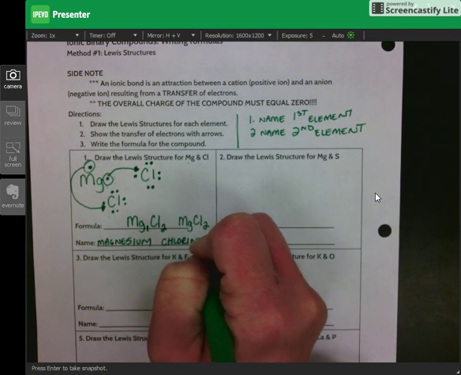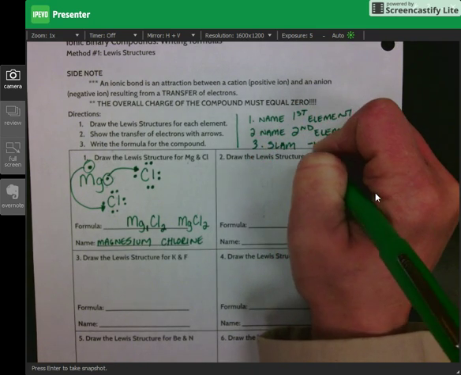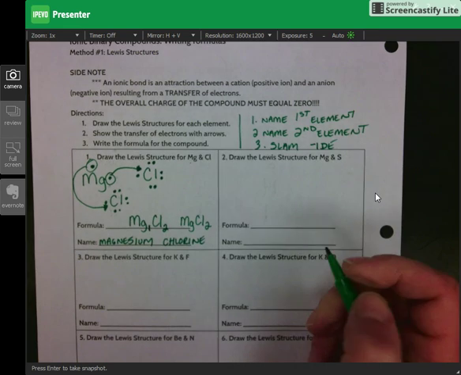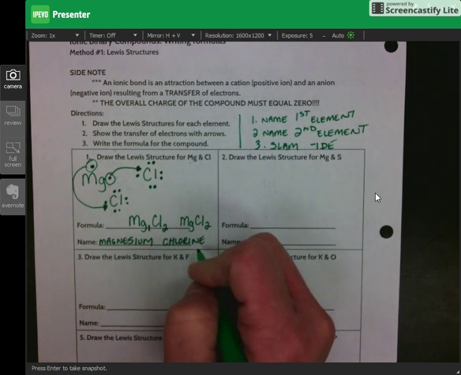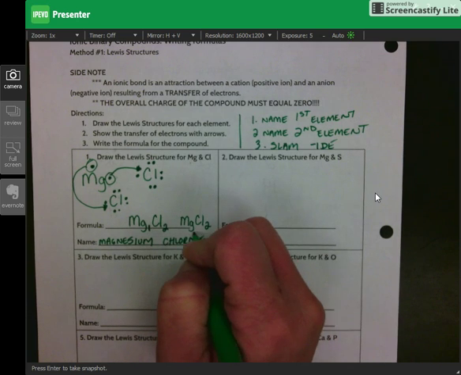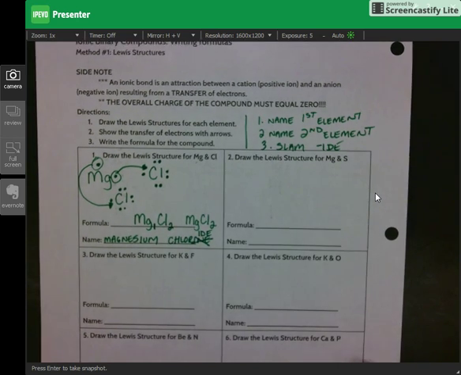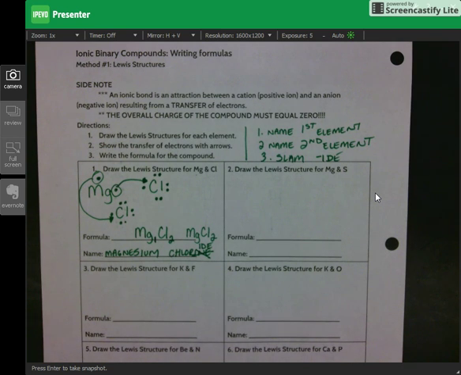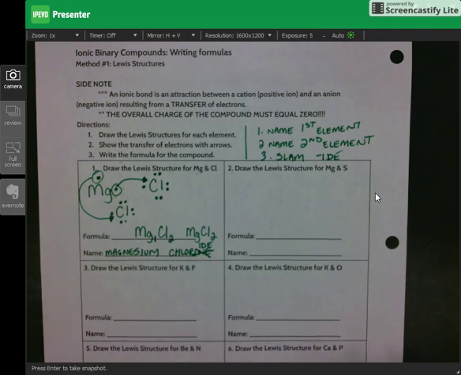And there's one last step. We slam IDE at the back end of it. So we drop a few things and put IDE. So instead of magnesium chlorine, we're going to make it magnesium chloride. That is how you name ionic binary compounds. Binary means 2. So if you notice, I have just 2 elements that I'm working with here.